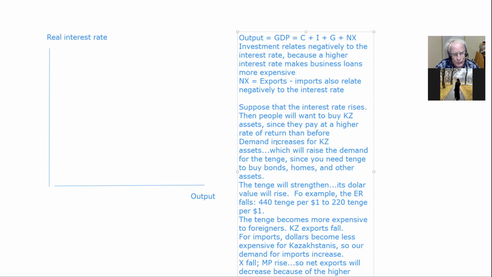The reasoning is a bit roundabout, but the idea is that a higher interest rate in Kazakhstan will make our currency, the tenge, and assets that are expressed in tenge more attractive for foreigners to buy.